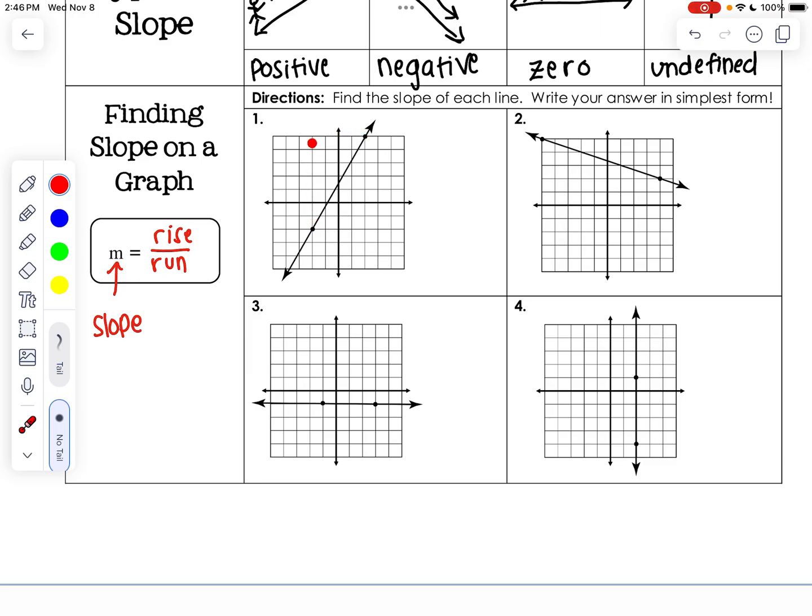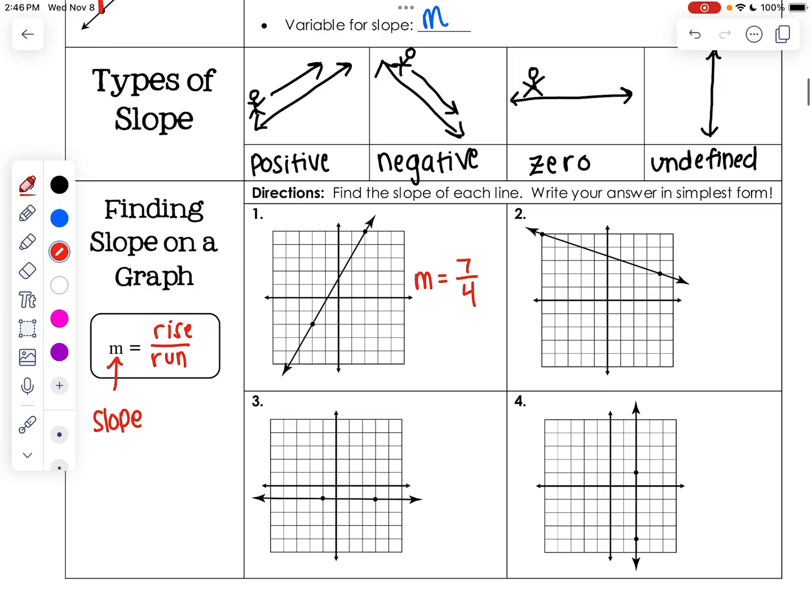So rise 7, run 4, and they're both positive. So your slope is 7 over 4. And it should be positive, right? Because remember, this way is a positive slope. You see how this line is going in that direction? That means your slope should be positive, and it is. It's a positive 7 over 4.